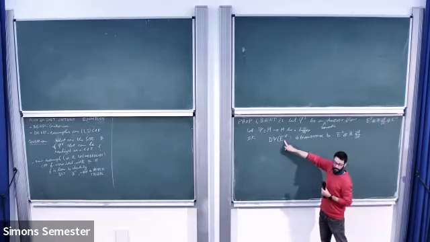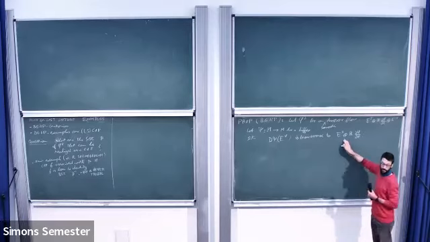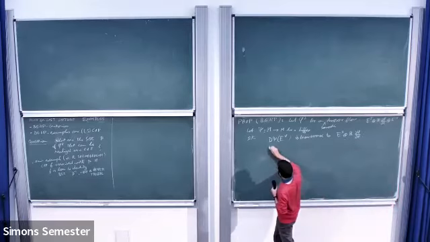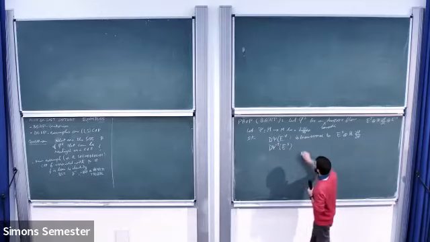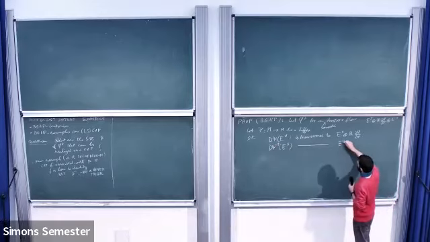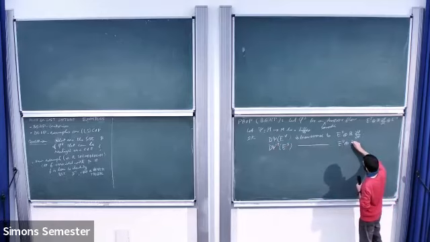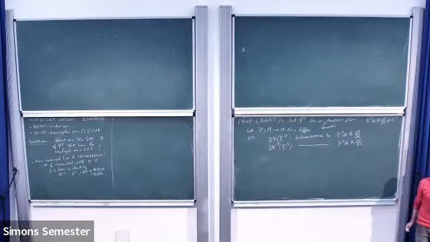So the image by psi of the unstable is still transverse to the weak stable, and the image by psi inverse of the stable is transverse to the weak unstable. Okay, so suppose you are given that.